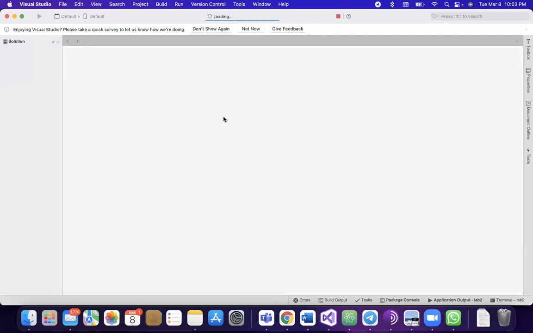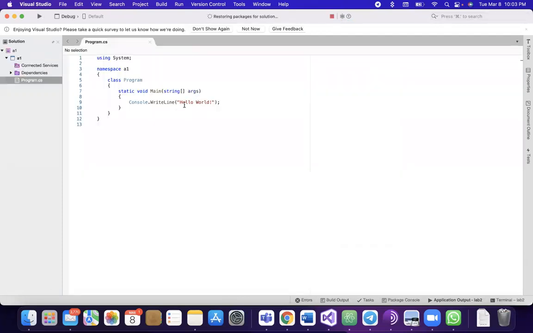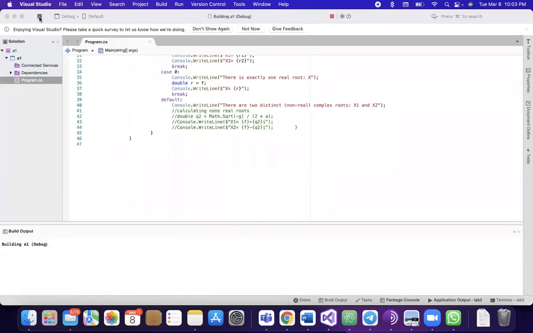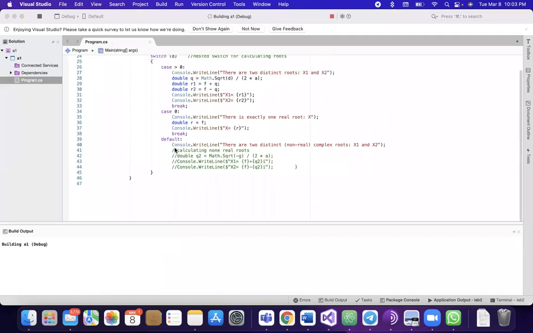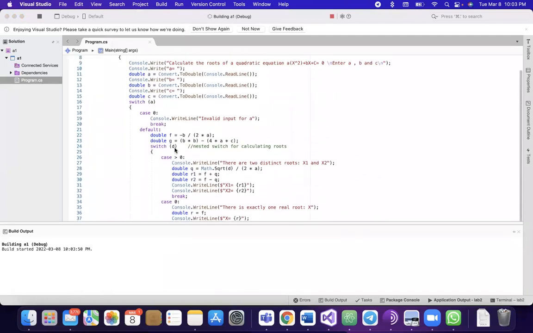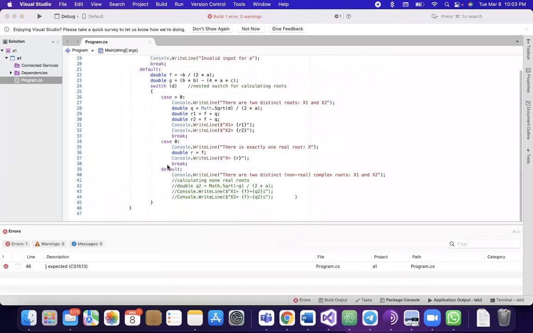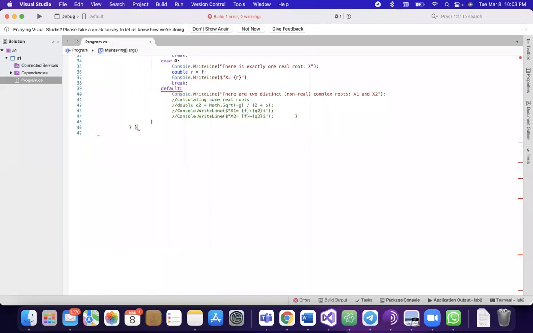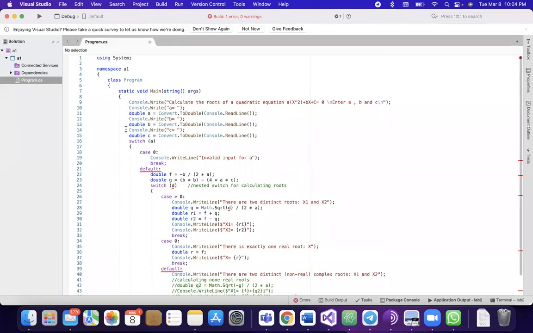Okay, so let's see. Hopefully this works out. So this is Shahab's code. Yes, it is. Okay, I don't know what's going on.